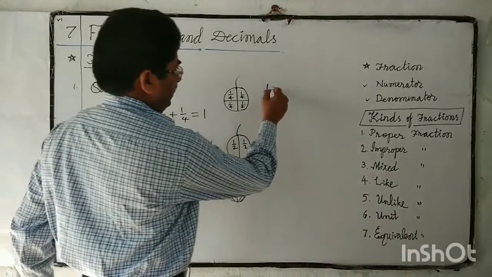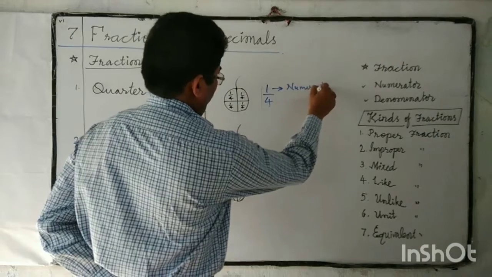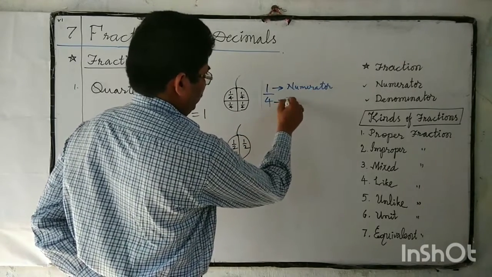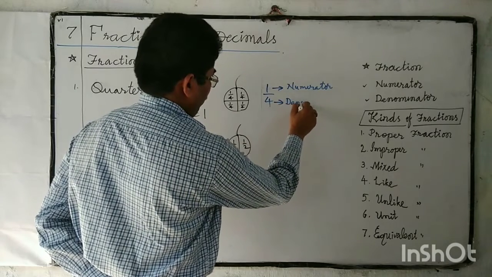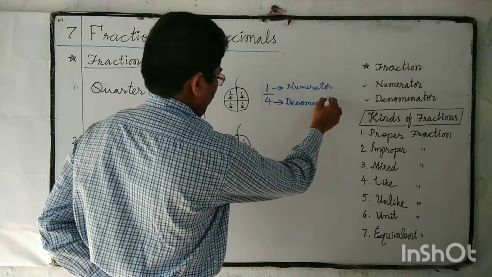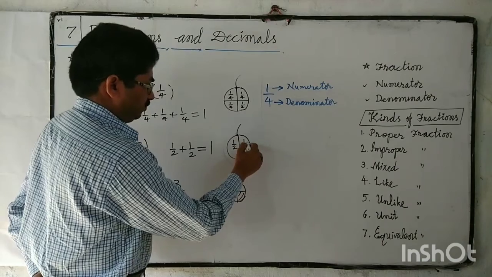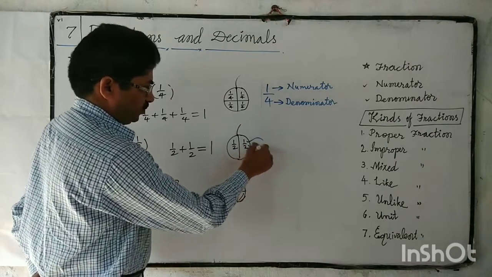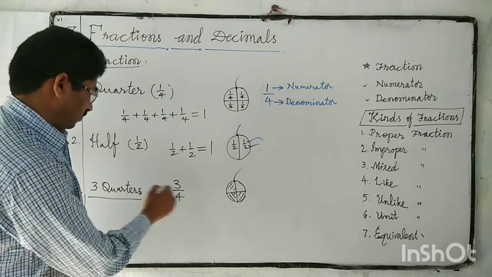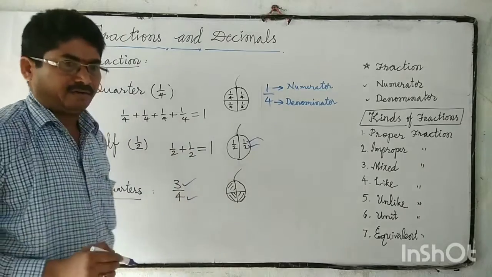In this, 1 is numerator, 4 is denominator. In this 1 by 2, 1 is numerator, 2 is denominator. In 3 quarters, 3 is numerator and 4 is the denominator.